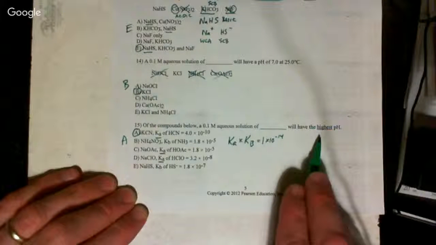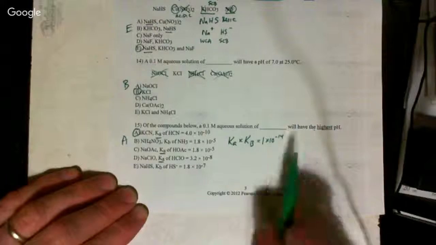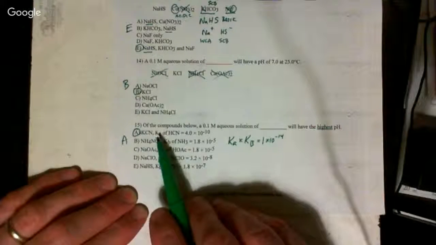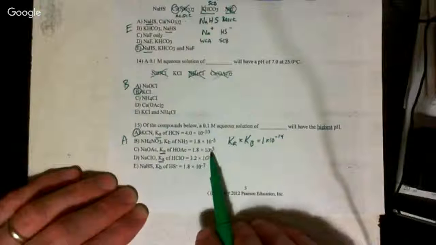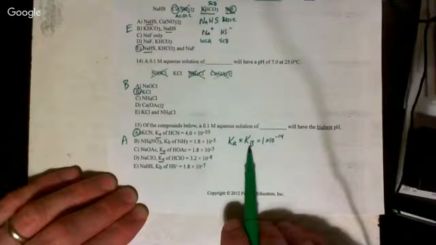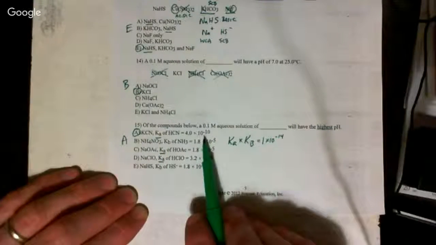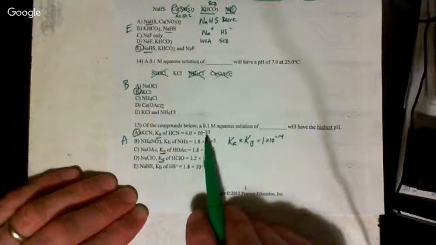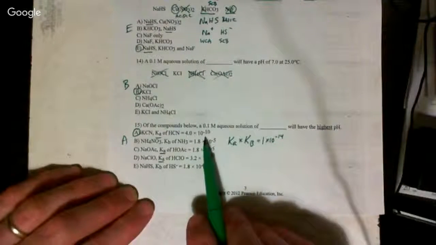If I want high pH, that's going to be the most basic. So if I'm going to be really, really basic, I want big Kbs. So where am I going to get a big Kb from? Well, these are Ka values. If I have a big Ka, I'm going to have a really small Kb. When I have a really small Ka, I'm going to get a really big Kb. And if I have a really big Kb, that means it's going to be a pretty good base.